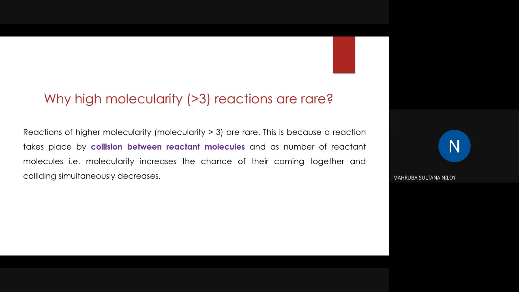So we know that in a reaction, each of the compounds interact together, right? Yes, sir. And then rearrangements in their atoms happen, and then they form a final product, right? So when the molecularity increases, like more than 3, their chances of collision decrease.